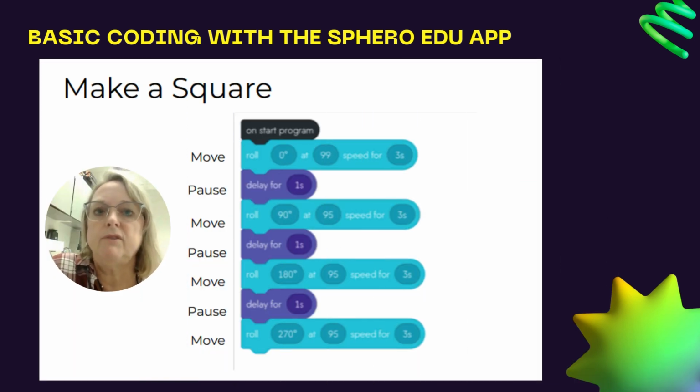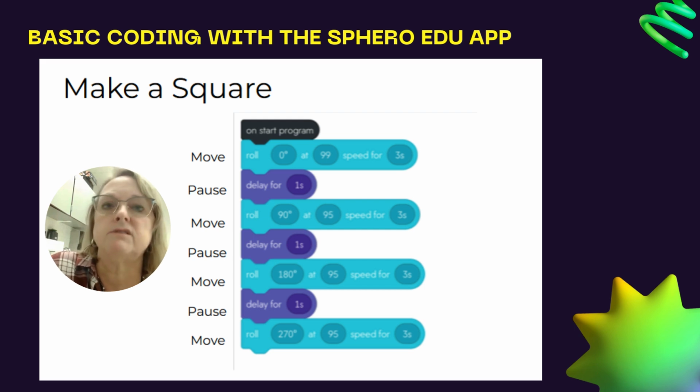The first thing you can have your students do is have the bots move in a simple square. And these are the steps in the program that you will build, and you literally have to tell the bot everything to do. So you have to tell it how to move, how to turn, how fast to go. You have to tell it to pause, which is a delay, and how long to delay. Then move again, and this is where you want to turn.